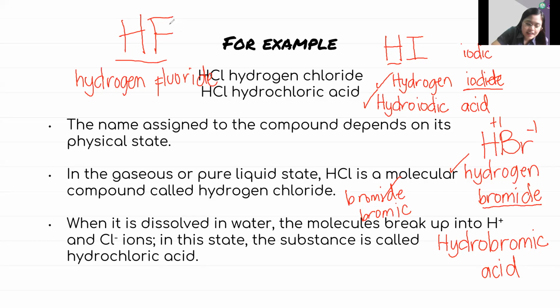So ilisan nato iyahang ending sa IDE. Now kung himuon nato siya acid class, we will start again with hydro, and then next will be the anion fluoride, pero let's get rid of the IDE and then ilisan nato siya IC. So this is now hydrofluoric and then the word acid.